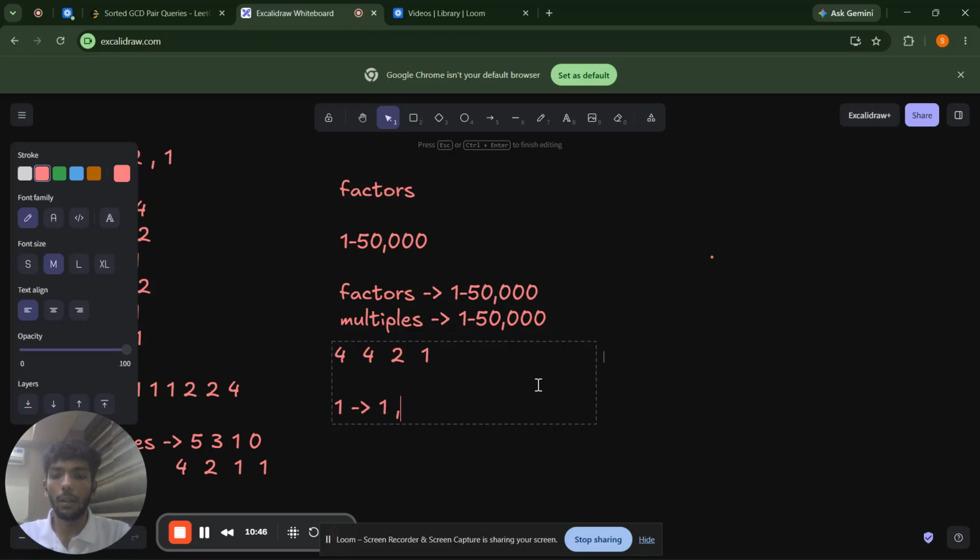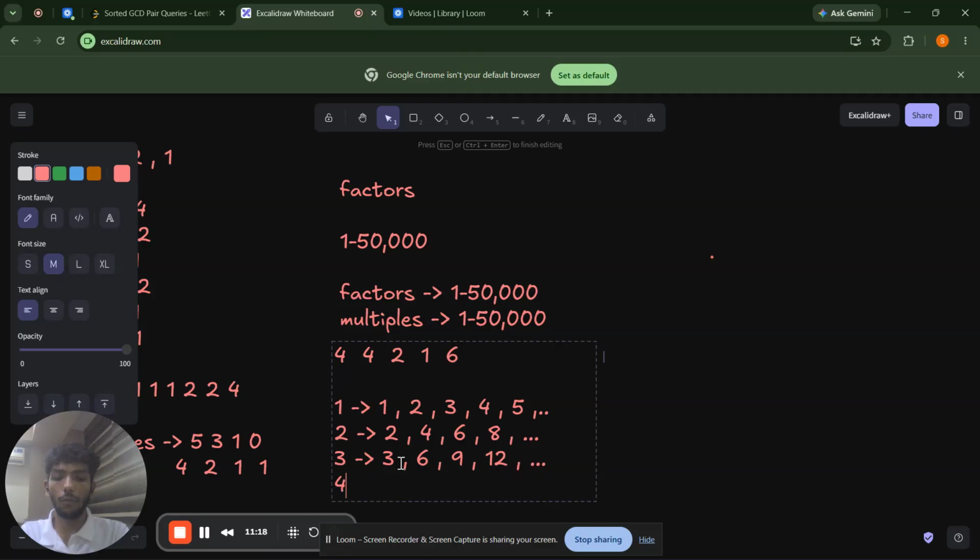Its multiples are 1, 2, 3, 4, 5 till 50,000. Then 2: 2, 4, 6, 8 till 50,000. Then 3, and let's add 6 as well so that it is generalized: 3, 6, 9, 12 and many more. Then 4, and likewise you will do that.